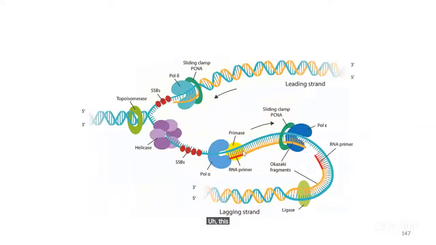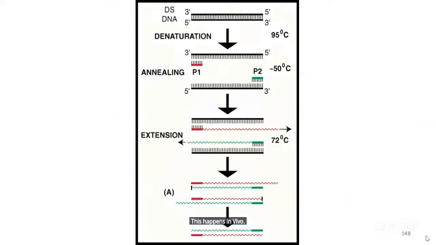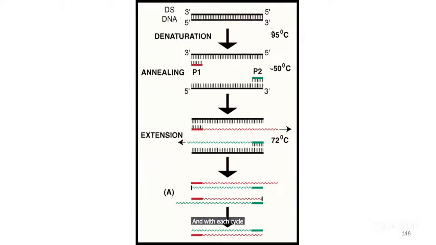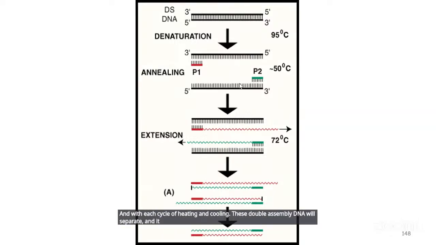This happens in vivo, but in vitro, we achieve all these things just by altering the temperature and giving the reaction only one enzyme, that is DNA polymerase. And with each cycle of heating and cooling, the double-stranded DNA will separate, and it will become 2 strands.